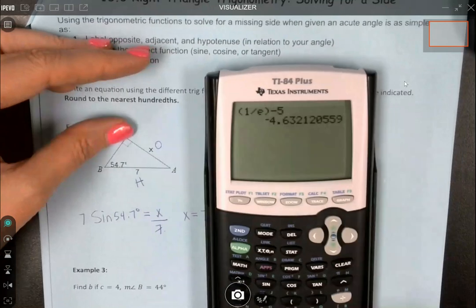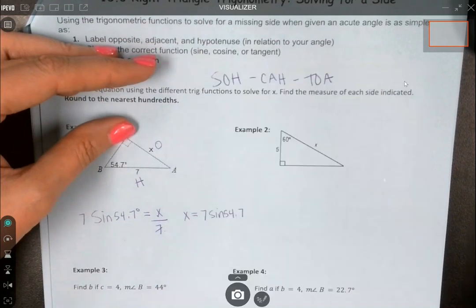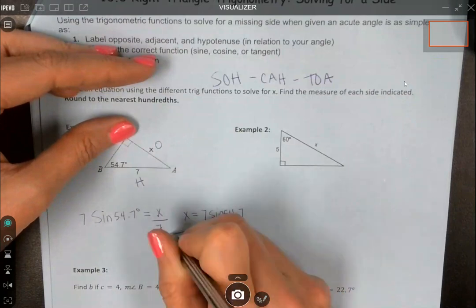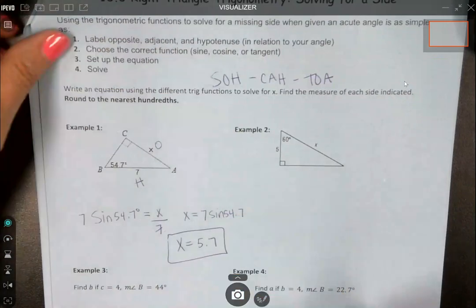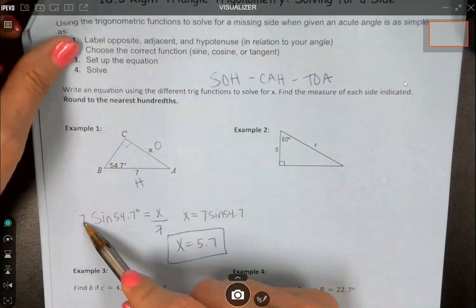So I'm going to just type exactly what it says: 7 times the sine of 54.7, and it knows it's degrees. I'm going to round to 1 decimal place, so 5.7. So in this one, X would be 5.7. Okay, so if the number is on the bottom, we multiply.